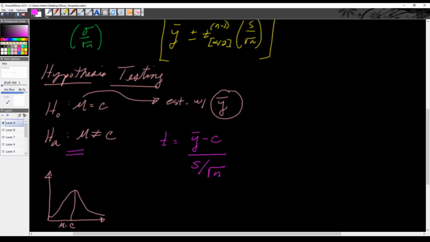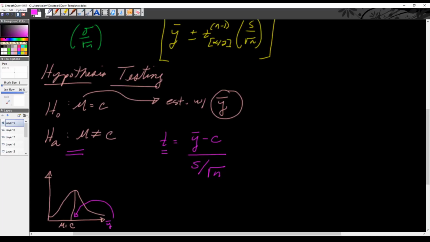So if our sample statistic has a normal distribution, we can see how far our sample statistic is from the hypothesized value. We can basically compare y bar. If we get a y bar that's way out here, we can say, you know what, that's different than the hypothesized value. But we perform this comparison using the t-score.